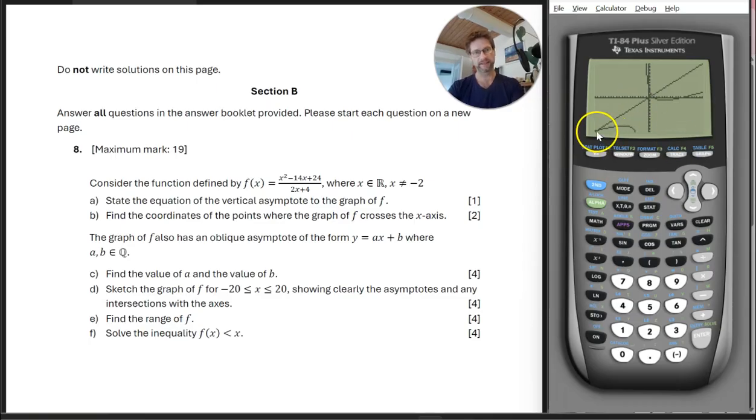I can sort of say that I want maybe slightly smaller values of both x and y here. So I go and say, let's go to minus 25. Minus 25. And for y, we also go to minus 25.